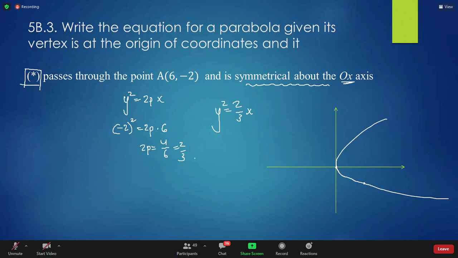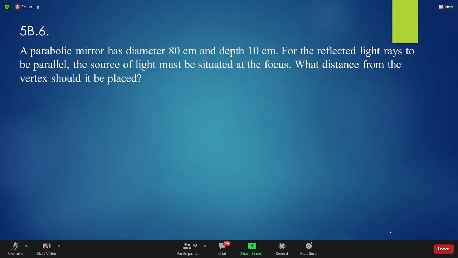Now, another one. This is very typically something parabolic. Remember I told you about the very nice property of the ellipse. The property of the ellipse was the thing that actually is at the base of the so-called whisper galleries.